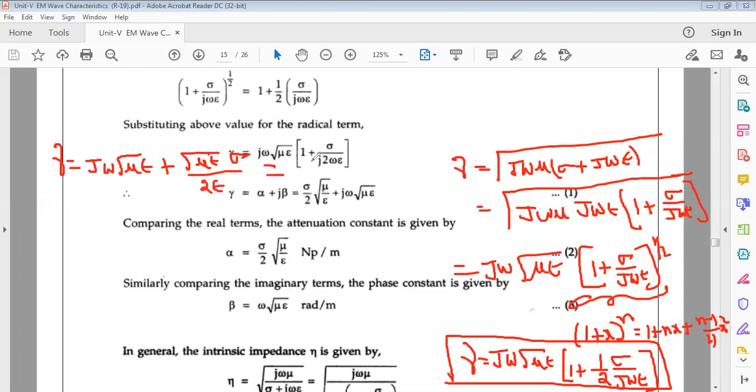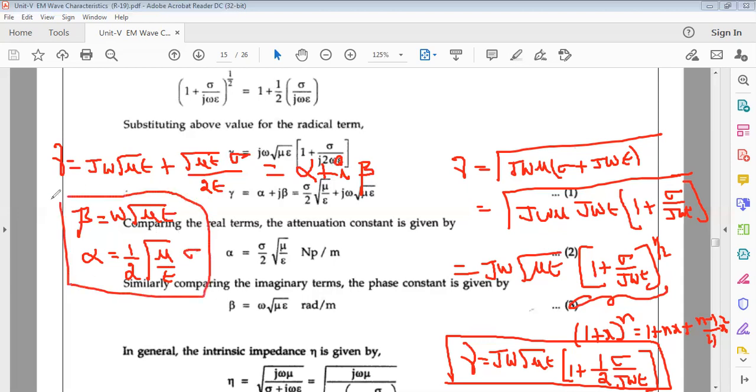So gamma is equal to alpha plus j beta, where alpha is a real term and beta is an imaginary term. So beta is equal to omega into root of mu epsilon, and alpha is equal to 1 by 2 into under root of mu epsilon into sigma.